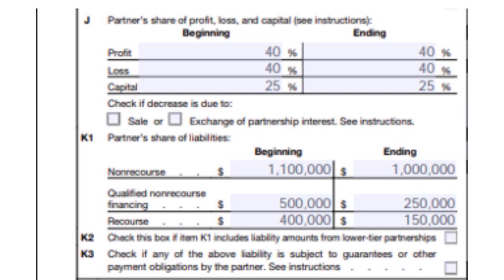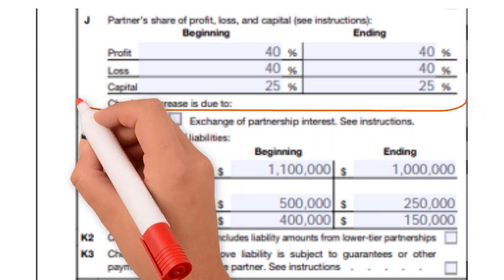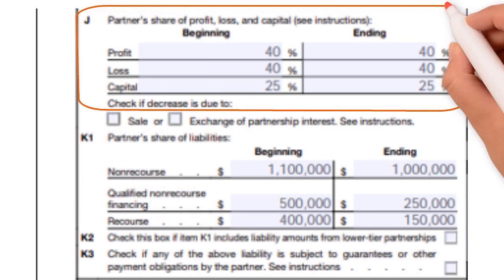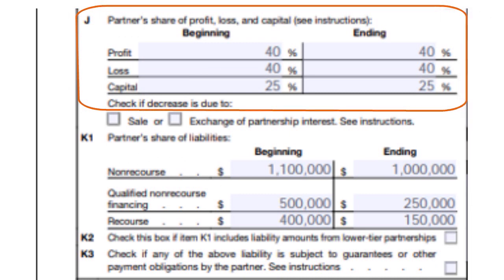In this case, we put 40% profit, 40% loss, and the capital is 25%. Remember that when you add all those three, they don't have to reach 100%. This is not how it works. We are still talking strictly about that particular partner's percentage allocated to him or her.